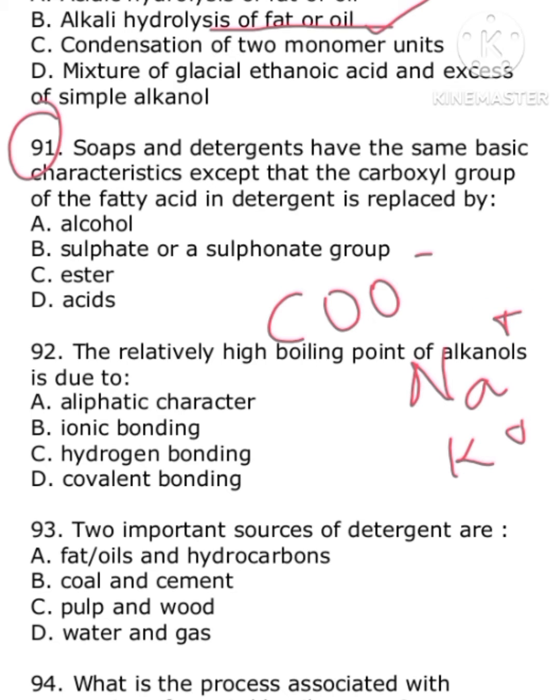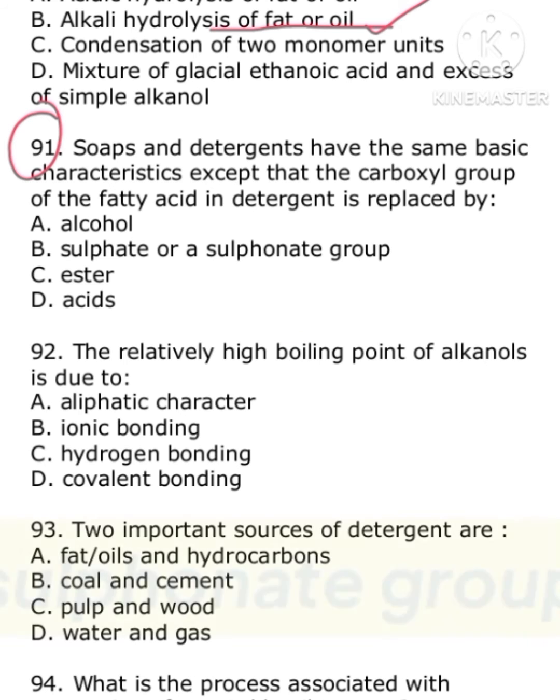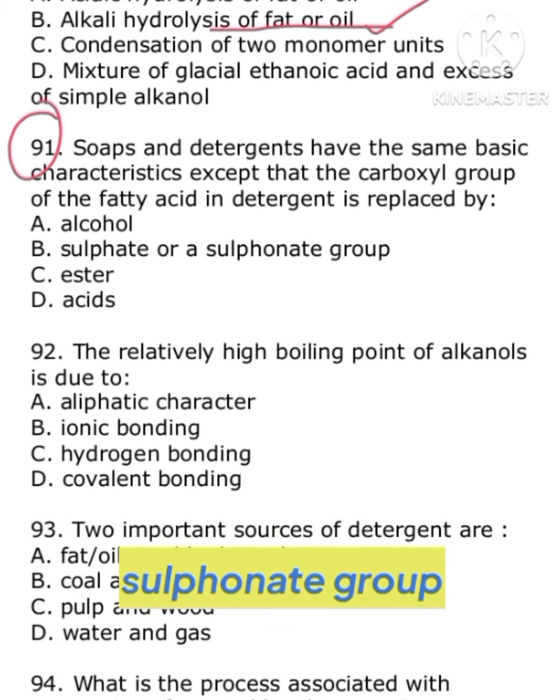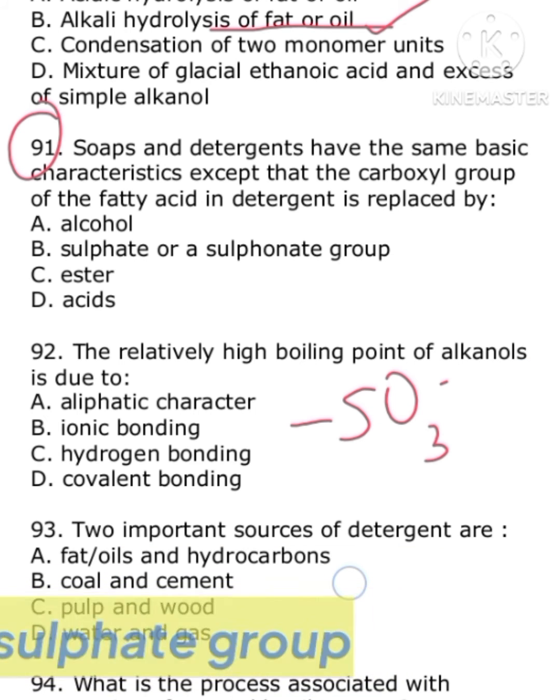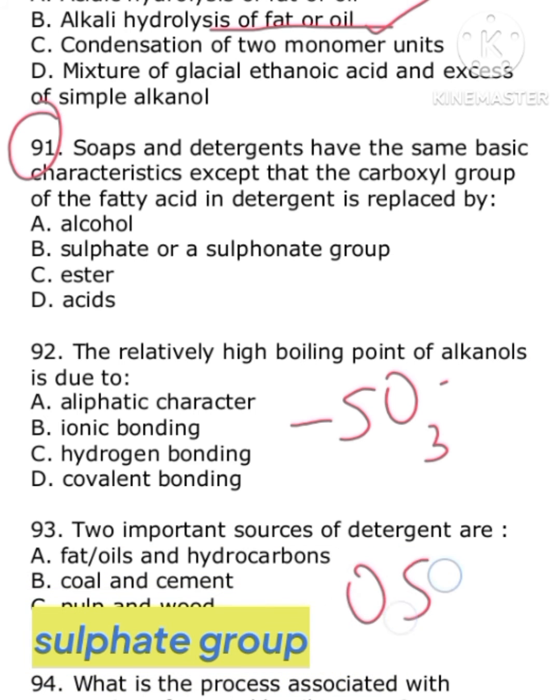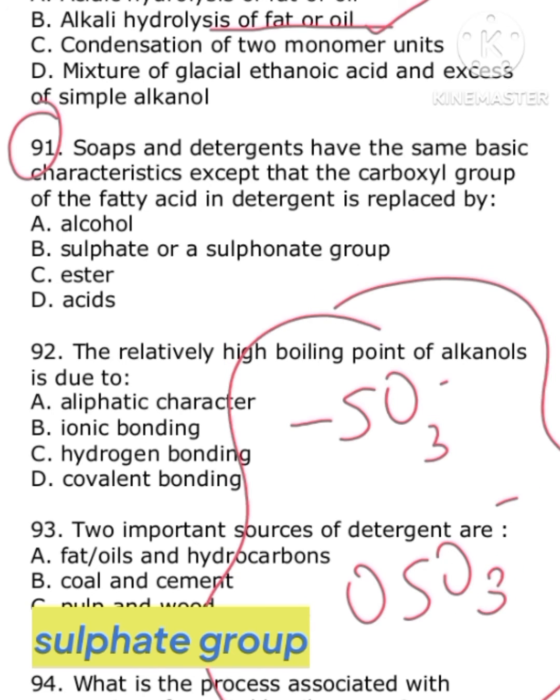But in detergent, what you have is different. Detergent has the functional group called the sulfonate functional group. That sulfonate functional group can be written as -SO3-. You can also have the sulfate group, which is OSO3-. So any of these two is the functional group that is present in detergents.